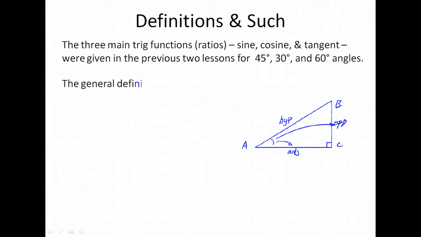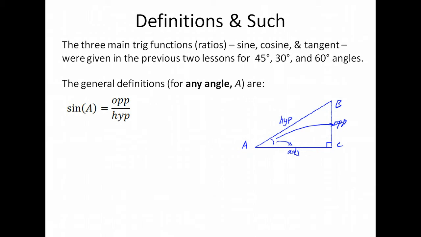So the sine of an angle is simply defined as the opposite leg from the angle that we're talking about divided by the hypotenuse of the triangle. If you look at the diagram, angle A is the angle we're talking about, so the opposite leg in this case is going to be the leg BC.